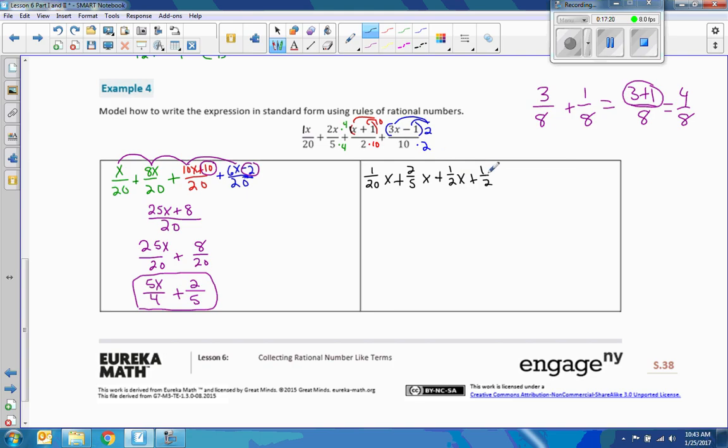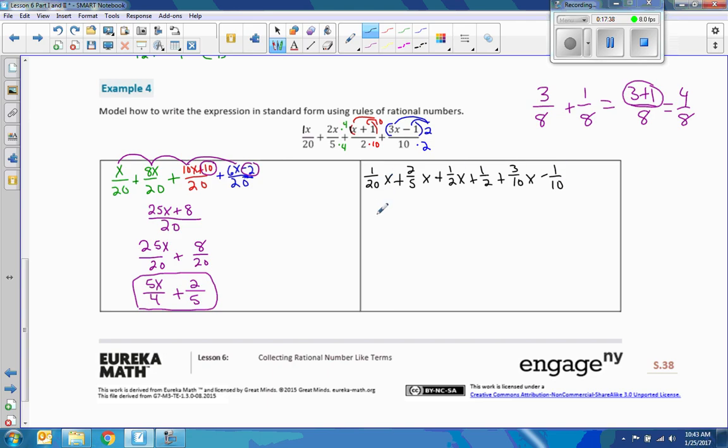And then this 3x over 10 would be 3 over 10x, and then minus 1 over 10. Okay?